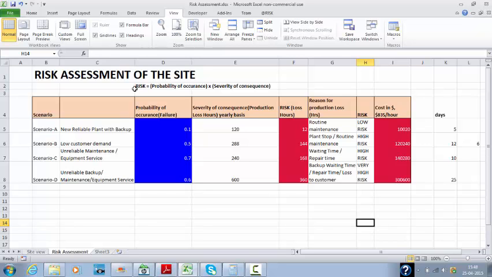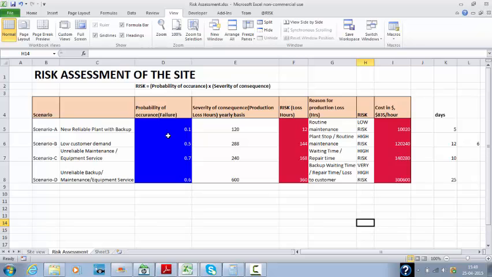I'm using a similar assessment, so I've given a probability of occurrence of failure of a new plant as 0.1. It means I'm so confident, about 99.99% sure, that the new plant will be working. It's supplying the product, and I have a reliable backup, so the probability of failure is very low.